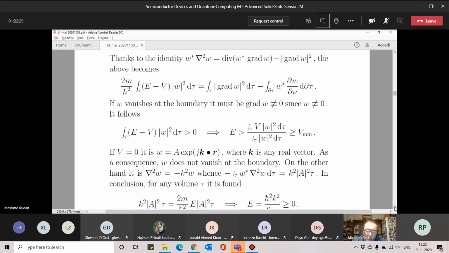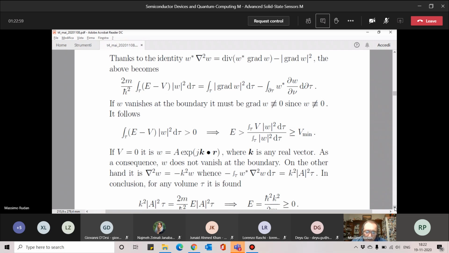If instead the wave function is not normalizable, and the typical example is that of the free particle, then you cannot exploit anymore the property of W to vanish at the boundary. W does not vanish at the boundary when it is non-normalizable.